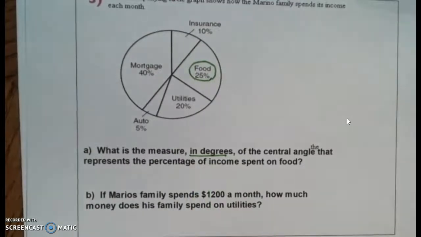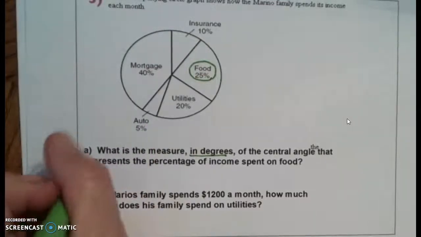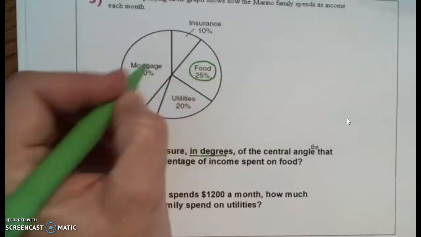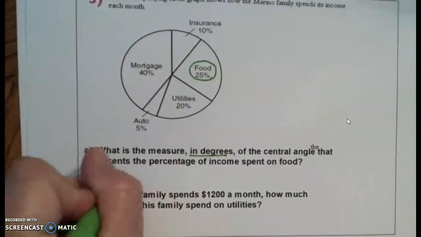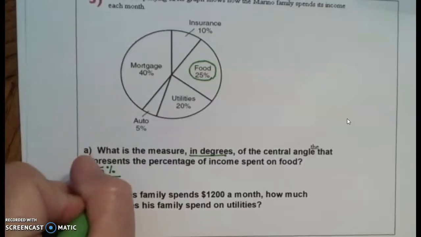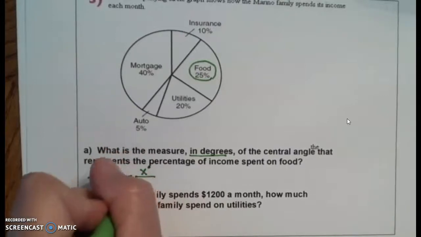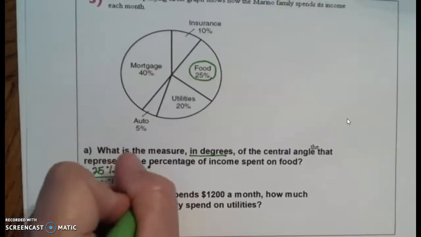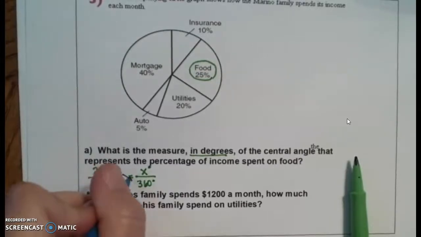So there's two different ways that you could do this. You could set up a proportion. So we could say the whole circle adds up to 100%. So we could say 25% out of 100% is equal to how many degrees out of 360 degrees in a circle. We would cross multiply.